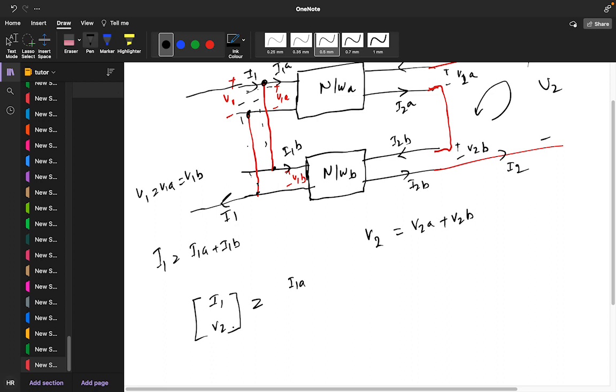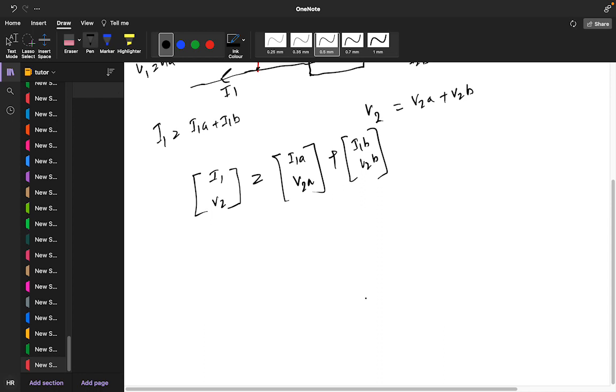So if I write I1 and V2 in matrix form, this I1 means I1a plus I1b, and this V2 is V2a plus V2b, so the combination is forming like this with I1b and V2b. Can anyone tell me the G parameter equation? It's very easy.